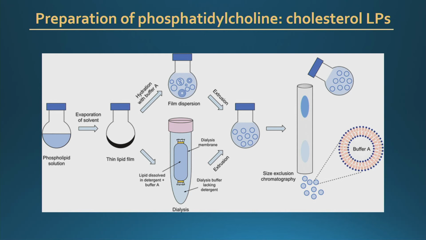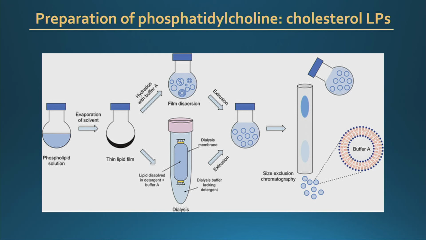It is a fairly simple process, actually not that complicated. You just buy the phospholipids you're interested in. We are using phosphatidylcholine and cholesterol, trying to mimic that commercial liposome formulation. And then you evaporate the solvent. They will self-assemble in different sizes of liposomes.